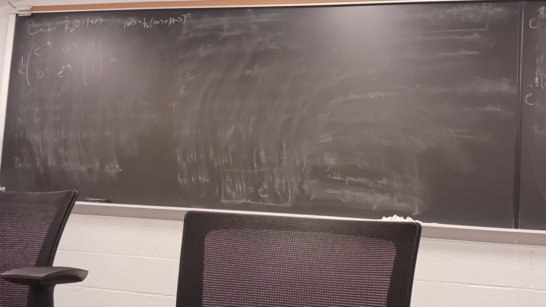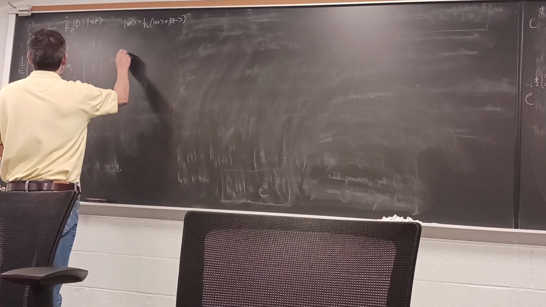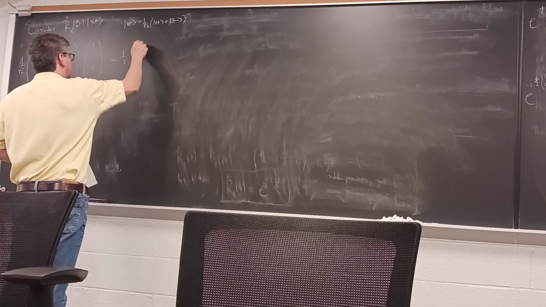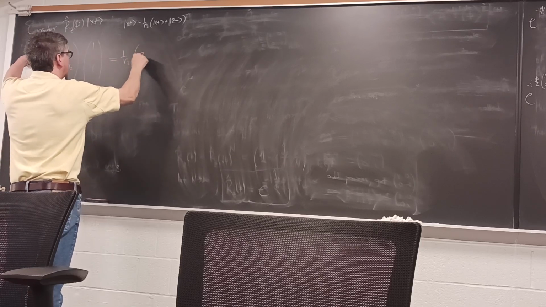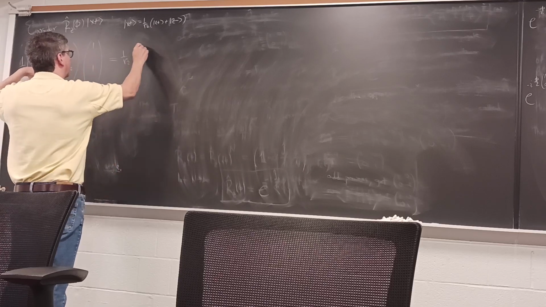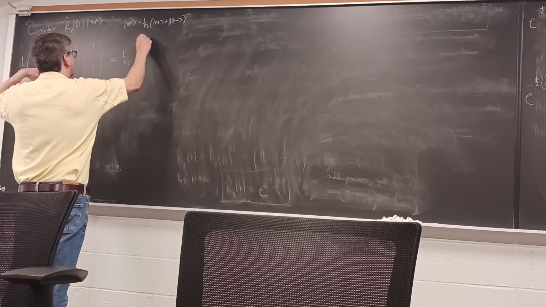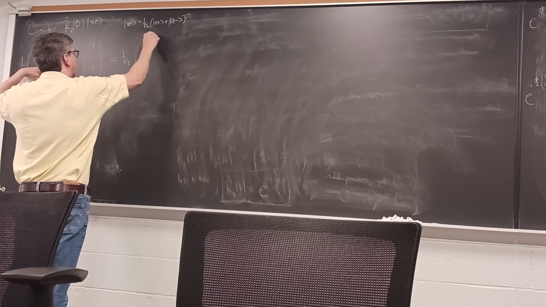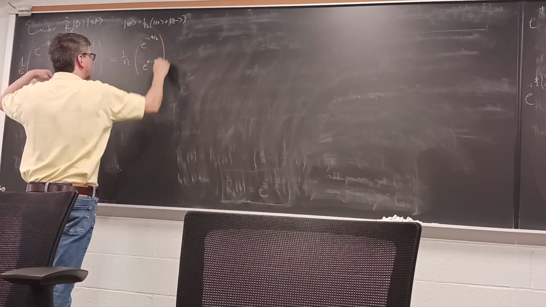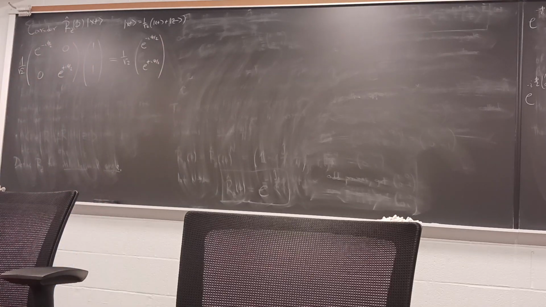So what does this give? This will give 1 over root 2, and then we'll have e to the minus i phi over 2, e to the plus i phi over 2. So that's just the general state ket.